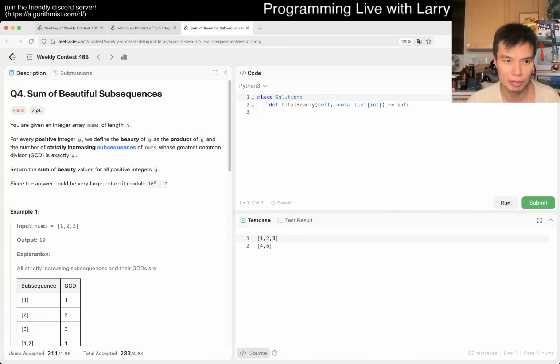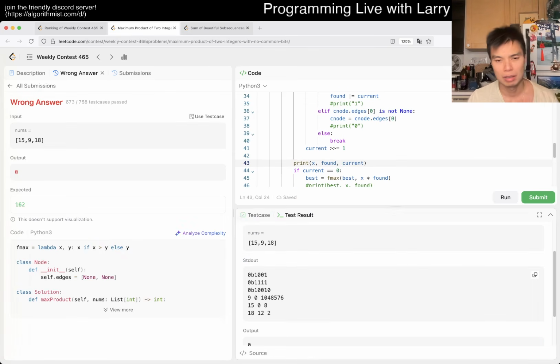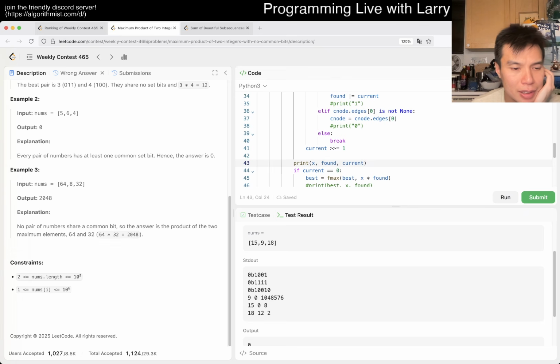How many people got Q4? Can I get Q4? Do I have enough time? Huh? Why am I so bad? Wow. Is it just DP? 20 million seems a little bit much though.